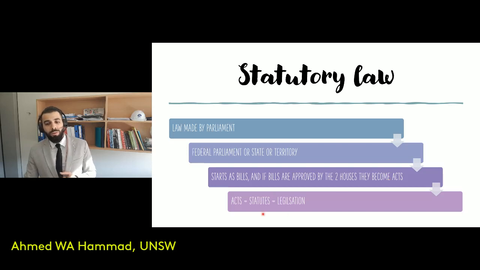Now this last point is just for you to note that sometimes we have different descriptions which mean the same thing basically. So an act is a statute, it's legislation. These are words that you can use interchangeably.